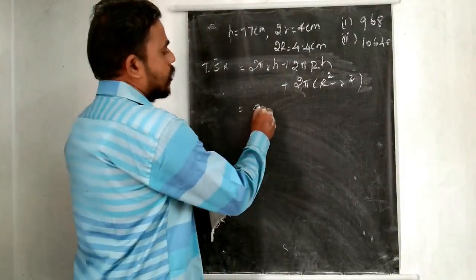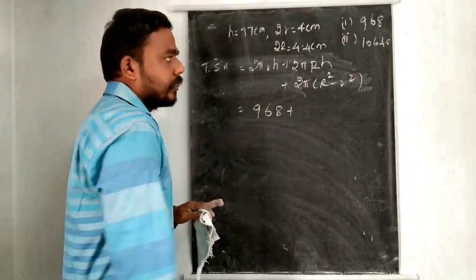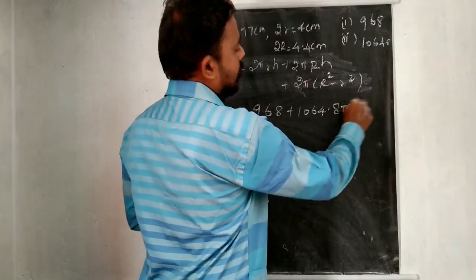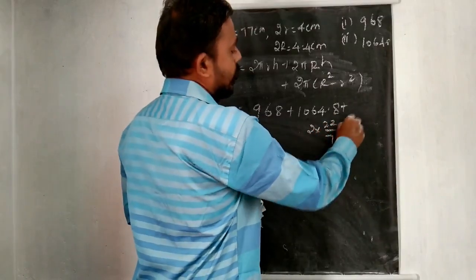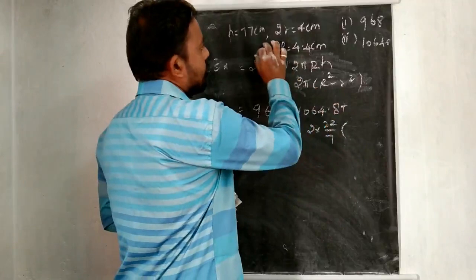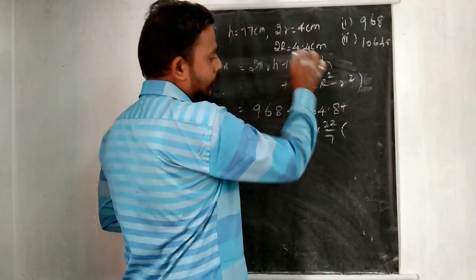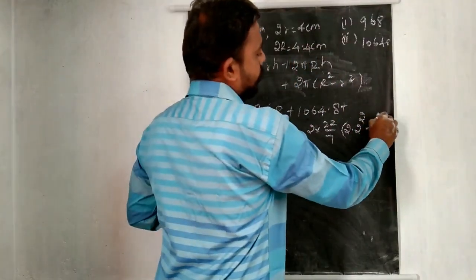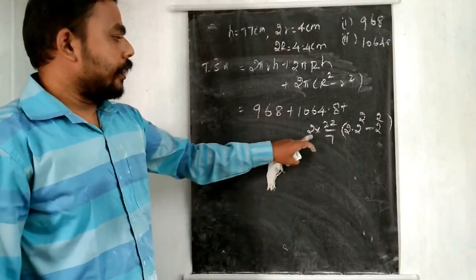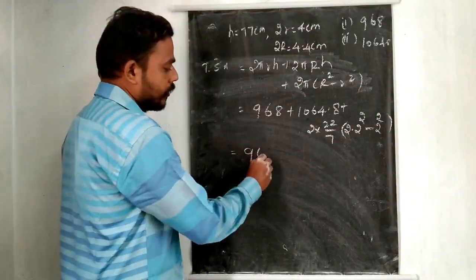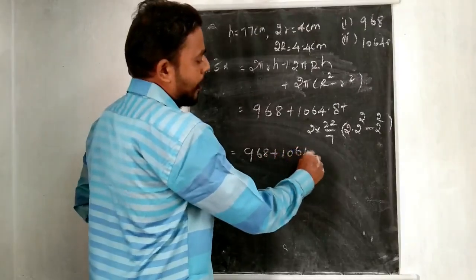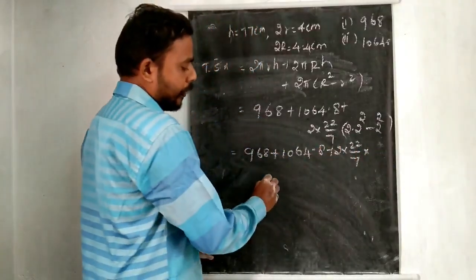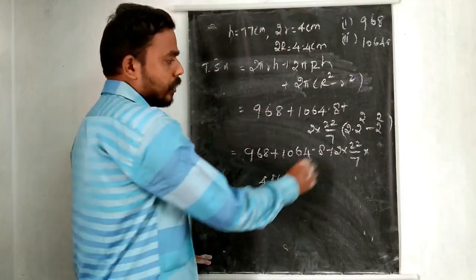So here the first one is 968 plus the second one is 1064.8 plus 2 into 22 divided by 7 into capital R value, 4.4 divided by 2.2, the whole square, minus small r value 2, so 2 square. Now we need to find this value alone. So 968 plus 1064.8 plus 2 into 22 divided by 7 into 2.2 square, which is 4.84. 2 square value is 4.